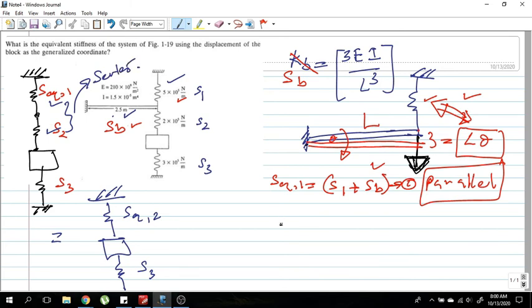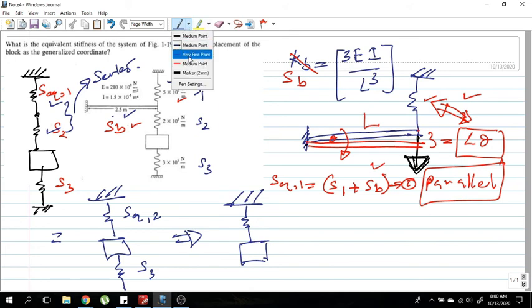These two are in series mode. And again, you can further simplify this to a single mass spring system like this. Why? Because in the last section I mentioned, if you have an arrangement like this, the displacement of both these springs would be equal to the displacement of the system.